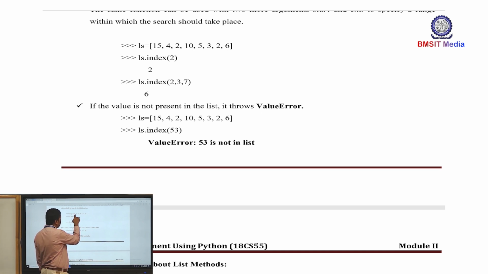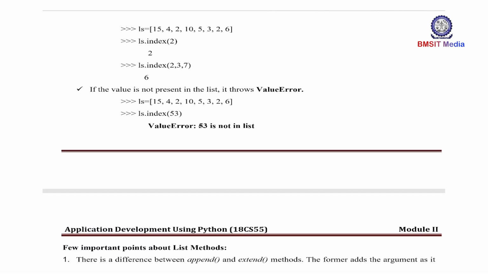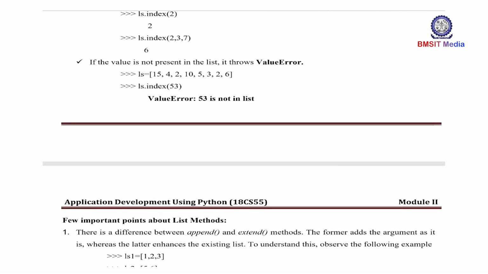It will search 2, and it will find that it is found at this particular location. It will omit these three elements because the step size is 3. The middle element that you are giving, the argument that you are passing as the second argument, that is the step count, means after every 3 values you start the search. So the output is 6 here.